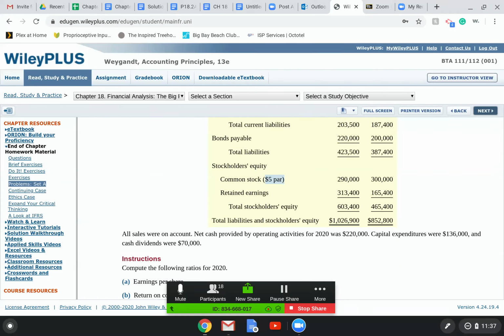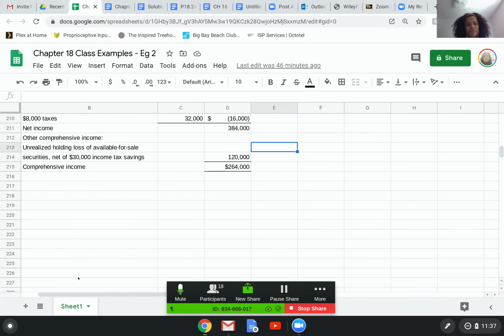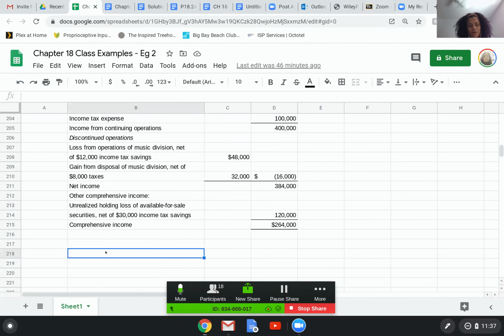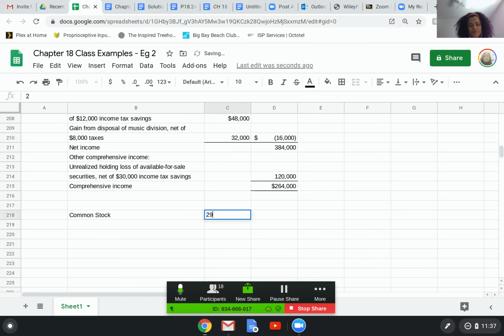Divided by 5. Yeah. It seems fairly obvious, but I just don't want people to get stuck on the first question. So I'm just going to do it here because some of us are more visual learners. If common stock is 290,000 and it's a $5 par, this is from chapter 13, right?